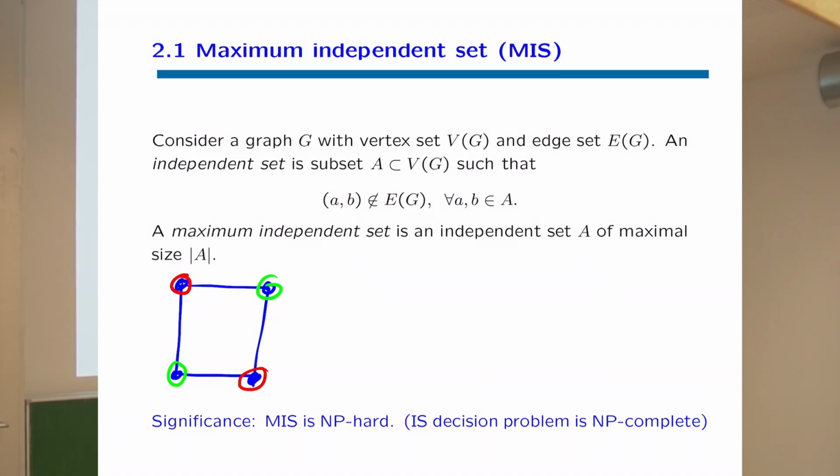And we can now ask ourselves the question, given a graph, how complicated is it to find a maximum independent set? And this is what makes this problem interesting. So this question is NP hard.